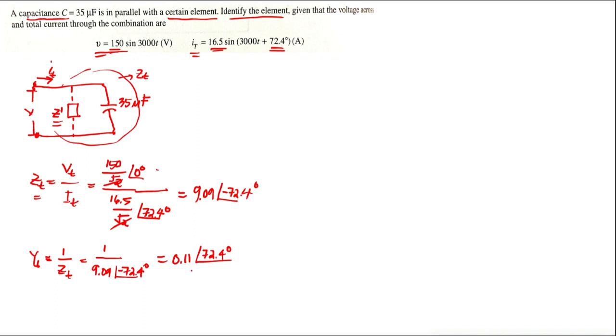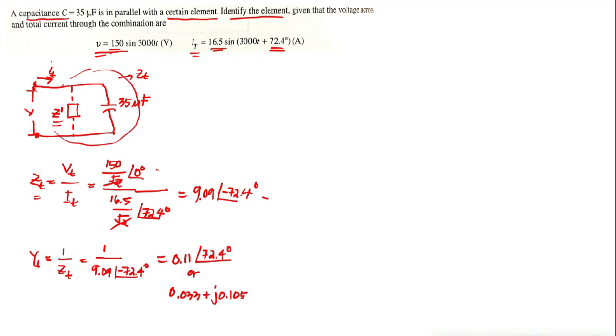Or you can have the rectangular form of 0.11 cis 72.4, which is 0.033 plus j 0.105.